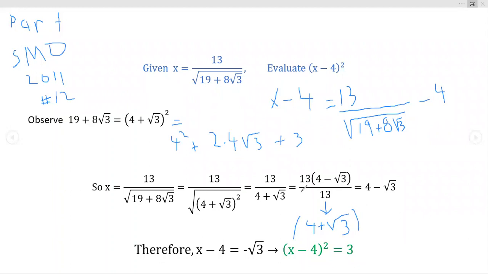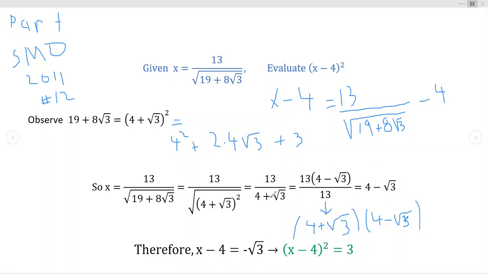So you see, we multiplied downstairs by the conjugate. In case this step was bothering you, that's the justification. All that is supposed to read 4 plus root 3 times 4 minus root 3. And so you can see where the 4 minus root 3 came into play right here.